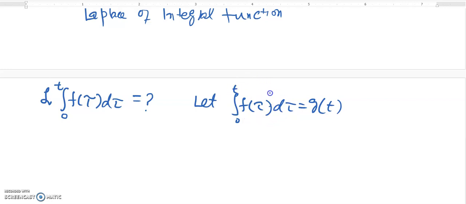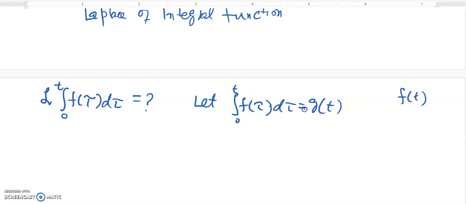The original function is actually f of t, and we are representing it in the integral form in this case. So when we apply the integration, we get the function in terms of t. So g of t is basically the integral form of this function.